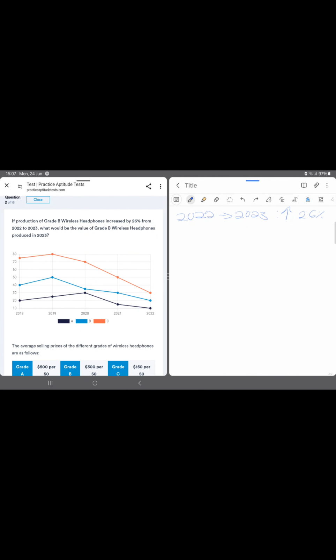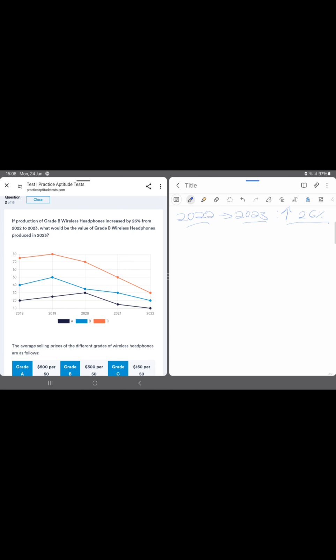The next question says, if production of grade B wireless headphones increased by 26% from 2022 to 2023, what would be the value of grade B wireless headphones produced in 2023? Written on the right is the increase that we were given from 2022 to 2023, an increase of 26%. Looking at the graph, for B the quantity was at 20 in 2022.